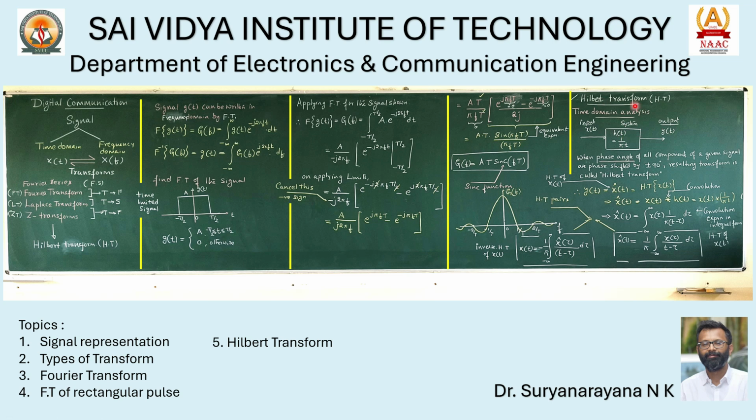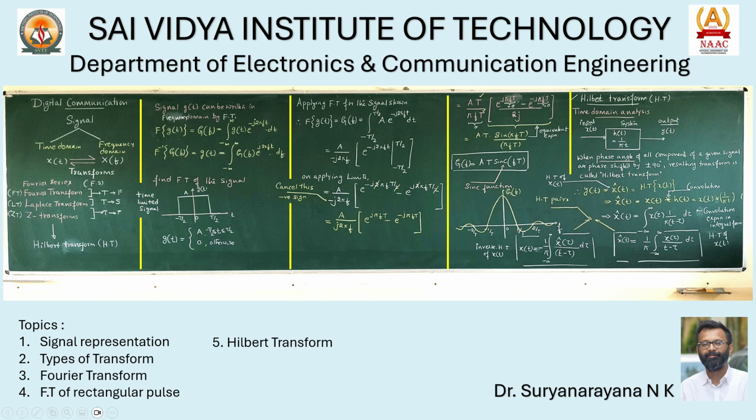Hilbert transform is defined like this: when the phase angles of all components of a given signal are phase shifted by plus or minus 90 degrees, the resulting transform is called Hilbert transform.